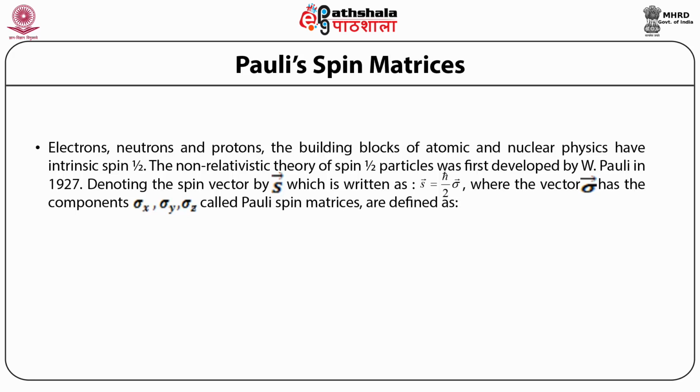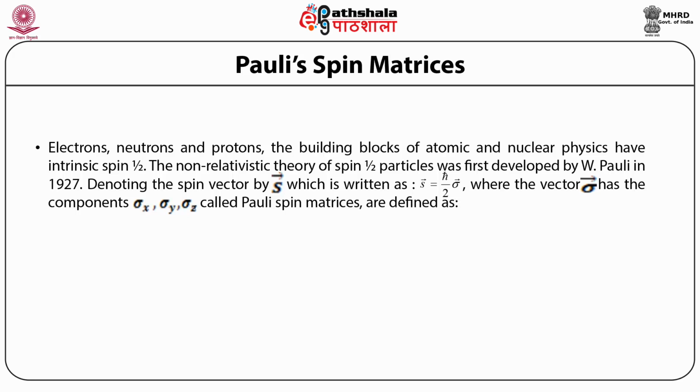So the concept of incorporating the spin of the electrons and the neutrons and the protons into the overall quantum mechanical formalism was first developed by Wolfgang Pauli in 1927.